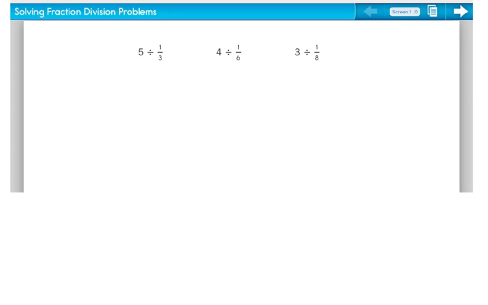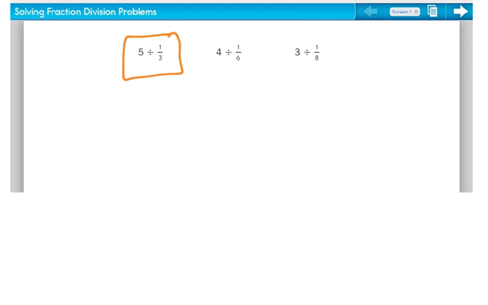Still on your whiteboard, I want you to think about fraction division problems. Let's take this first one, 5 divided by 1/3. Sometimes it helps if we think of a story context to go along with what that really means.